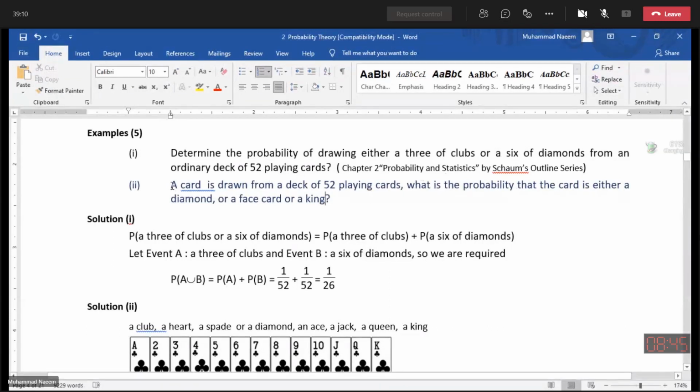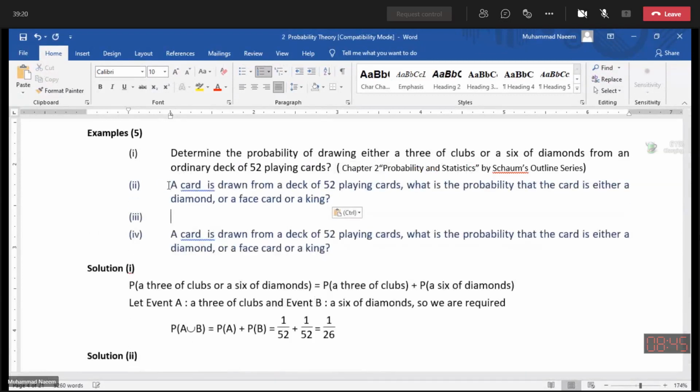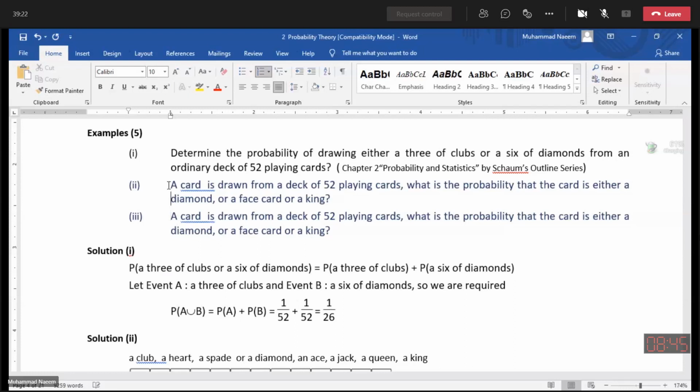We can also discuss the same situation of mutually exclusive events. For example, a card is drawn from an ordinary deck of 52 playing cards.